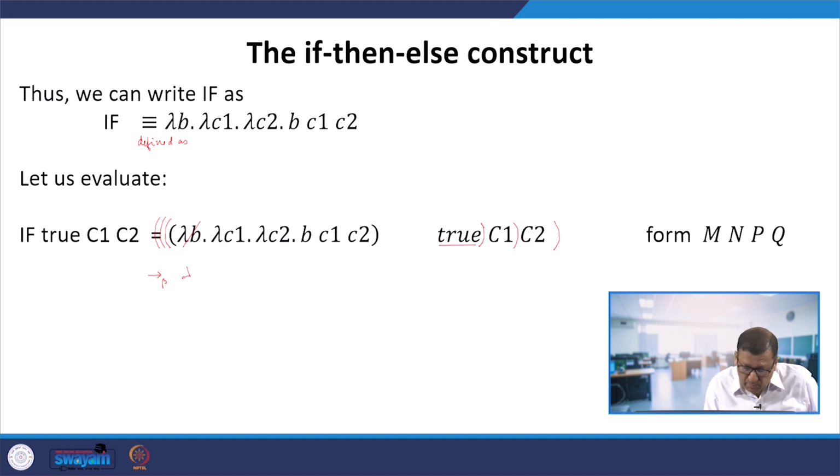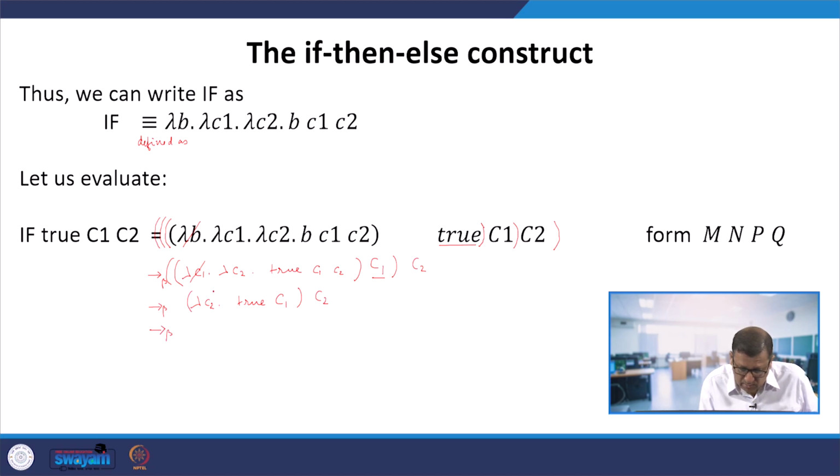So we get lambda c1 lambda c2 true c1 c2. Again by beta reduction, this c1 is consumed by this c1. So we are left with lambda c2 dot true c1 c2.